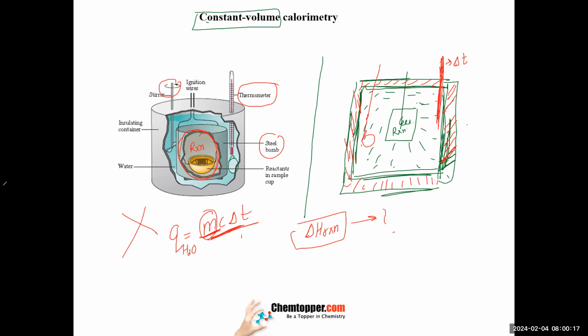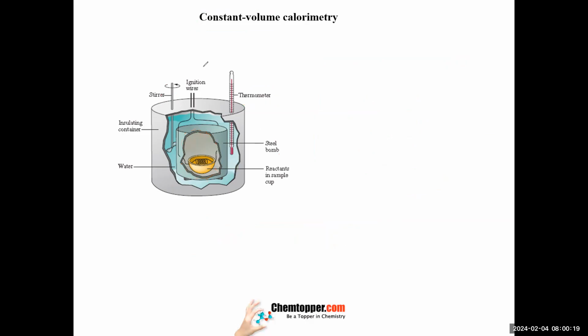If you don't know m, then the equation changes. So what's the equation I'm going to use here? In this bomb calorimeter, I'm going to use Q equals Q of the water. Thermometer is in water, delta T. So Q of the water equals C delta T. And what is this C? This C is m times small c, where m is the mass of the water.